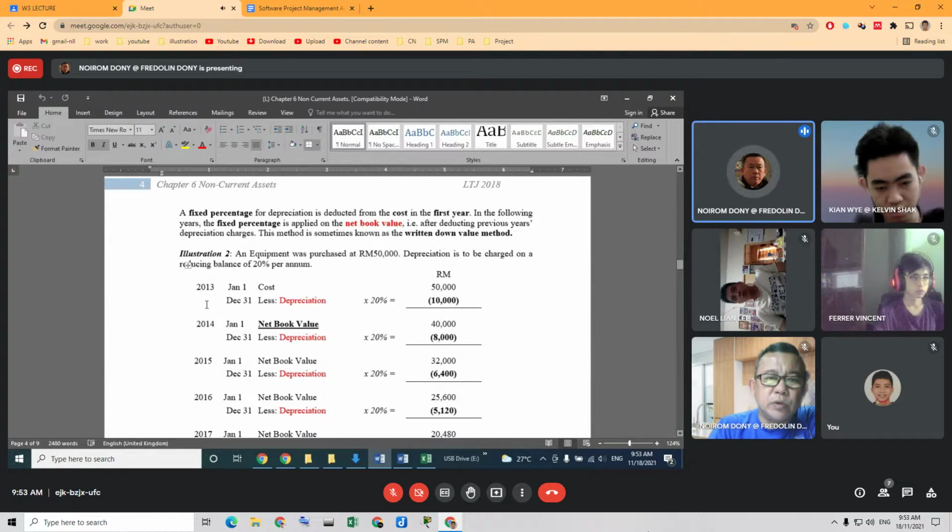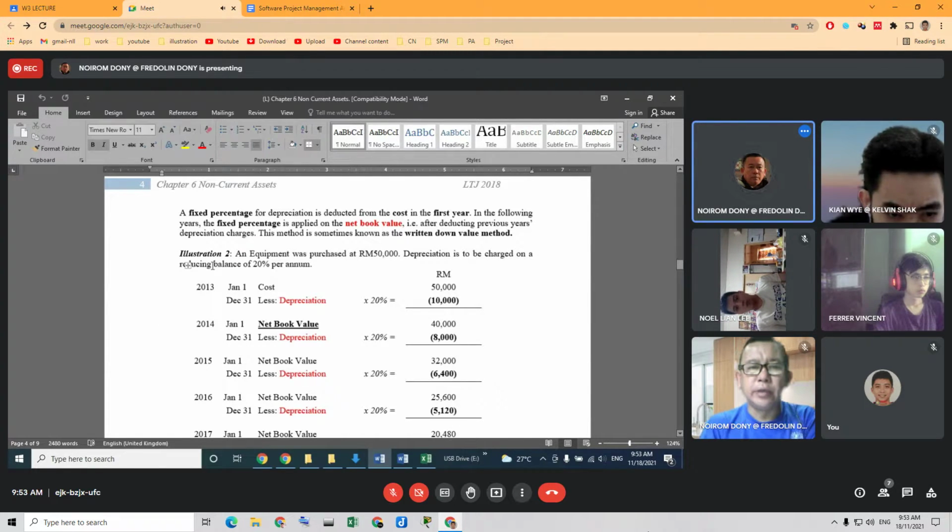The first column is representing year. The second column is the date column. The third column is the particular column. And the last one is the value column. So look at the question. An equipment was purchased at 50,000.